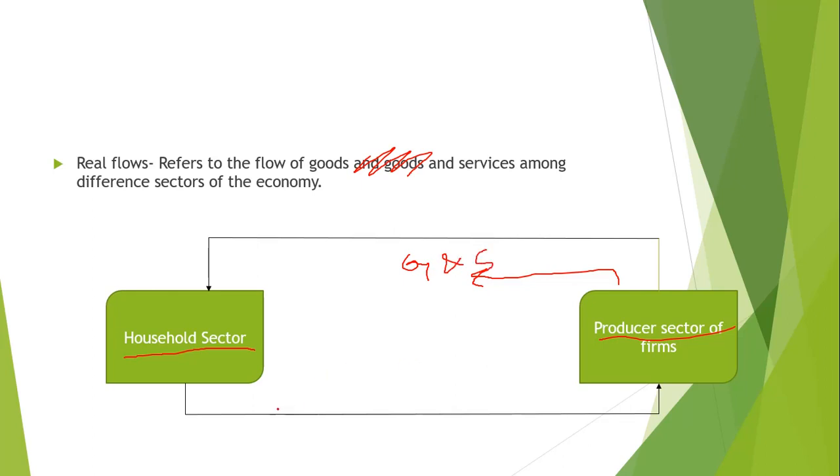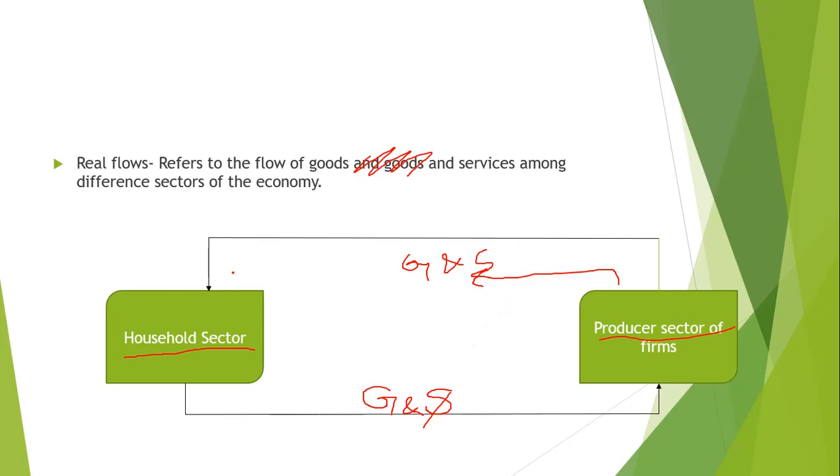And then the household sector will also render different kinds of services. I am working in a factory, or some of you may be working in a firm as a computer scientist. If we give our land to the producer sector for producing something, then we are rendering our goods, and we are also rendering our services to the producer sector.